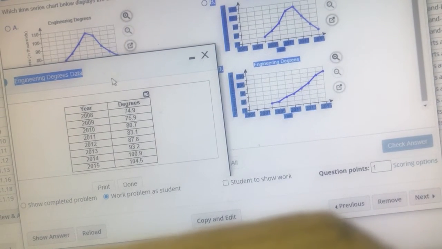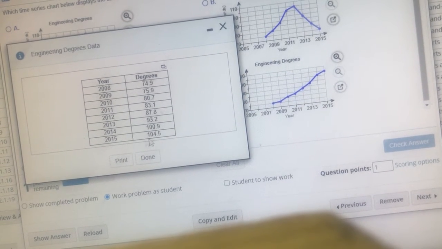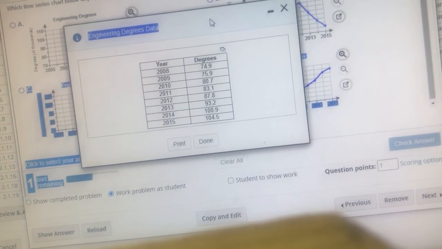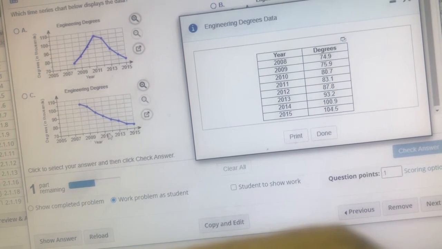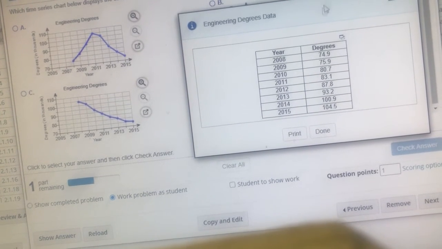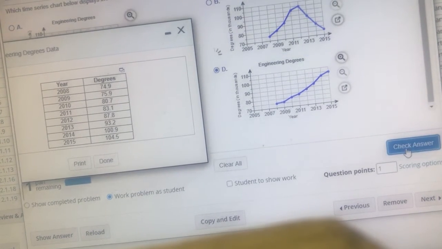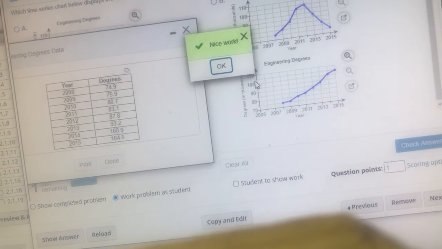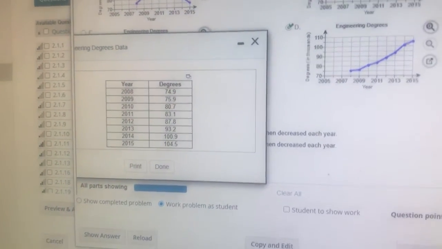If you look at 2015, it has 104.5 degrees, and I'm thinking that at 2015 both of these are wrong. I think it's just this one here. That's what it looks like to me. See, at 2015, almost 105 degrees. That was it there.